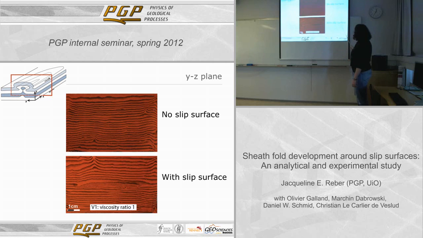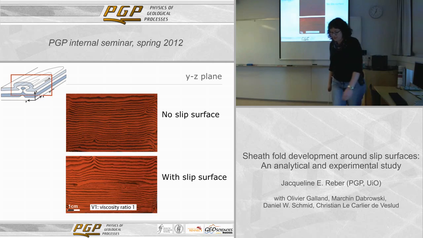But if we put in a slip surface, then again, we start seeing these closed shapes which are characteristic for sheath folds. So we basically concluded that, yes, the slip surface is the thing which also triggers the sheath fold in these experiments.